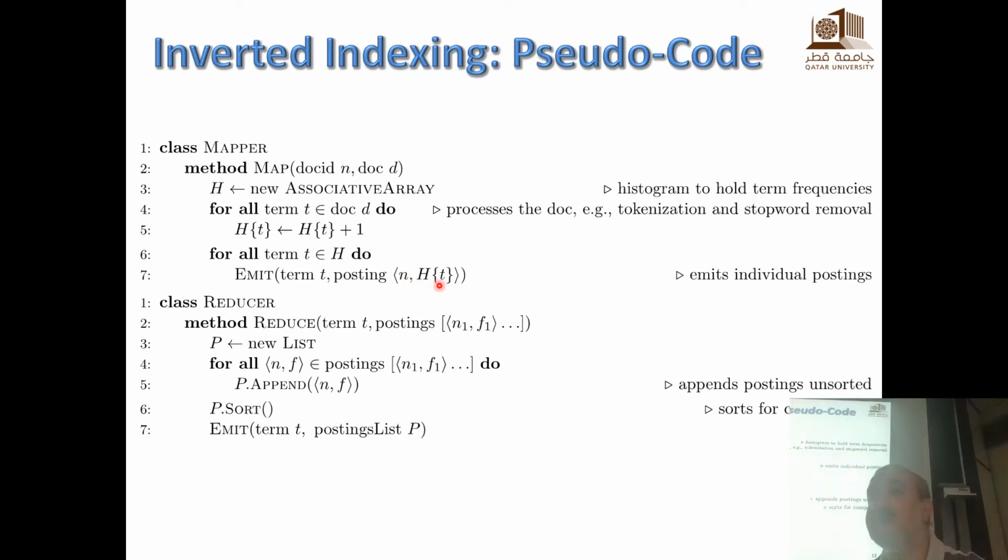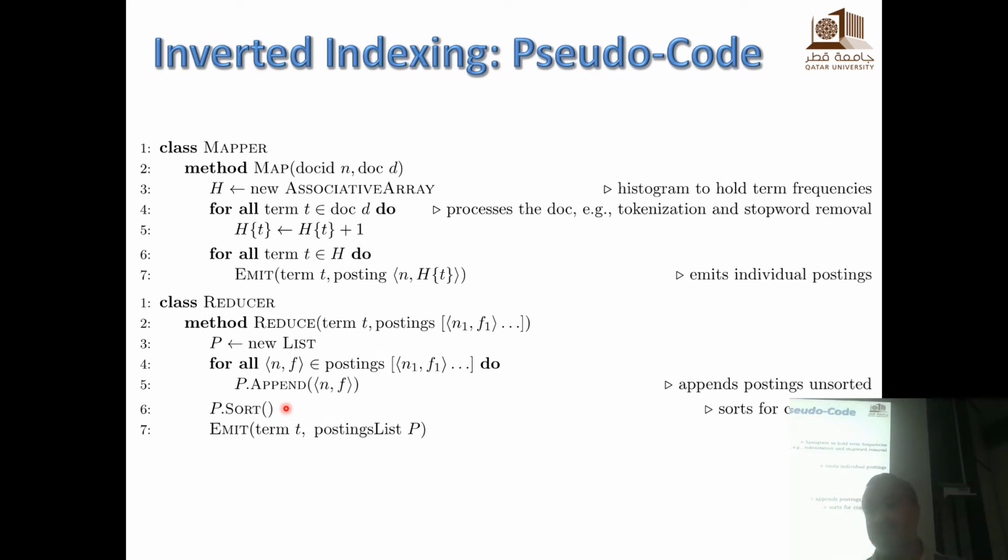So h of t here is the frequency of the term in that document. Then in the reduce, we get all the postings grouped for that key, for that term. We append one after the other, and then we have to sort at the end.